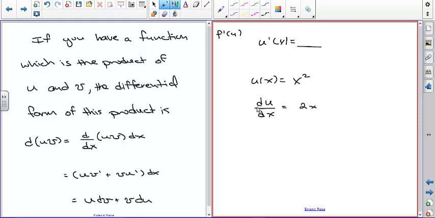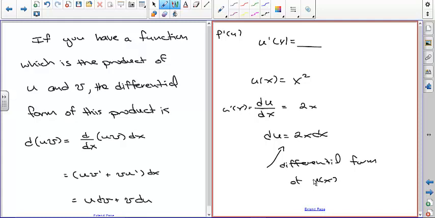And if I now make these into differentials instead of just calling it u prime of x, I can say du is equal to 2x times dx. This is what's called the differential form of the original function.